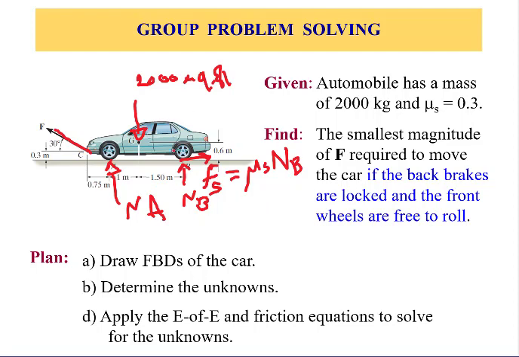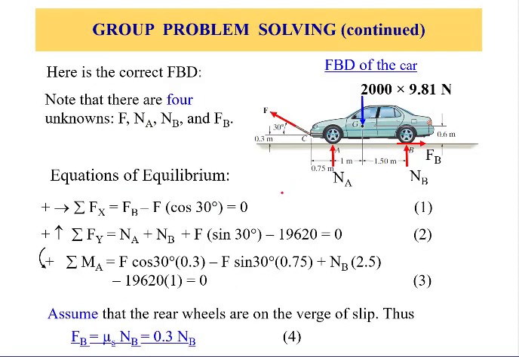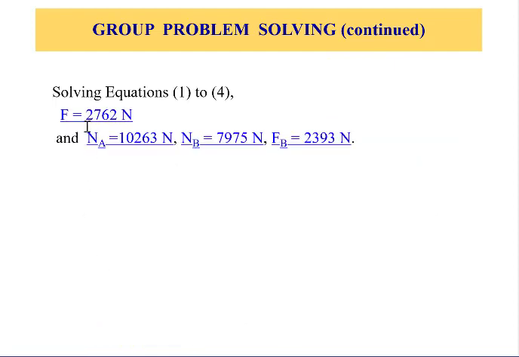So in total we have three unknowns, and we can solve it by the equations of equilibrium. The solution is given here. You can take a look at the presentation for completeness and verify your answers. The minimum force required to move this vehicle is going to be 2762 Newtons, with the reaction forces and the friction force calculated from the equations of equilibrium.